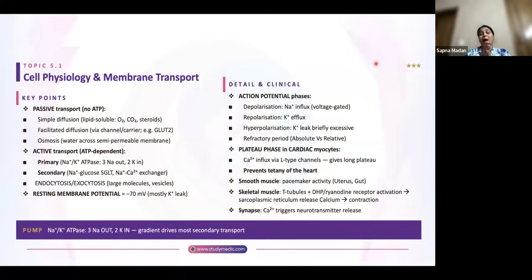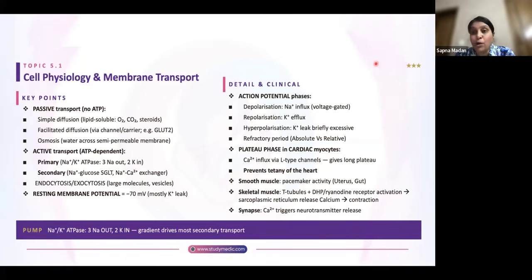There is an absolute refractory period and a relative refractory period. Absolute refractory period is when no stimulus will initiate another action potential. And relative refractory period is when a stronger stimulus can produce an action potential, whether it will be strong or mild, that is dependent upon the stimulus.